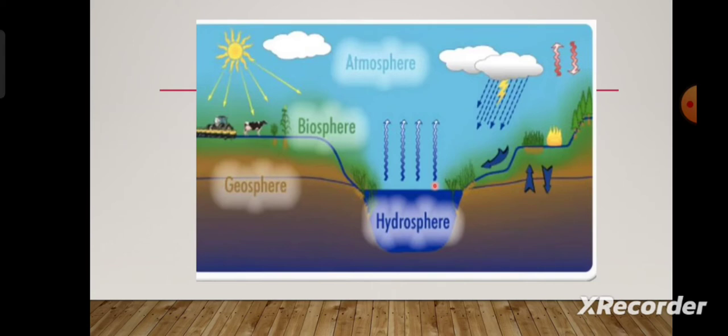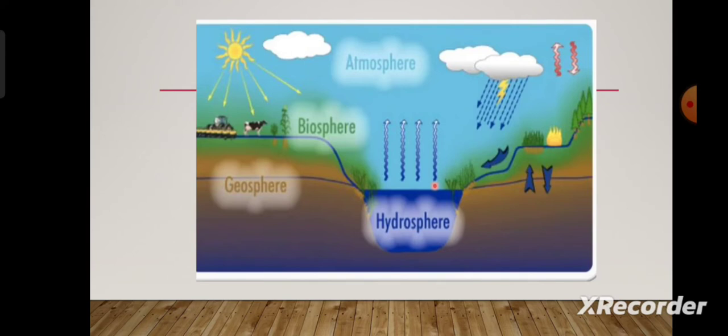So you can see all these four spheres in a single picture. You should know hydrosphere means the water. The next one is the geosphere, that is the land, and the atmosphere, that is the air, and the biosphere is the living and the non-living organisms.